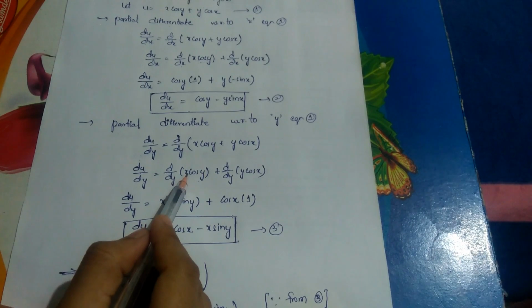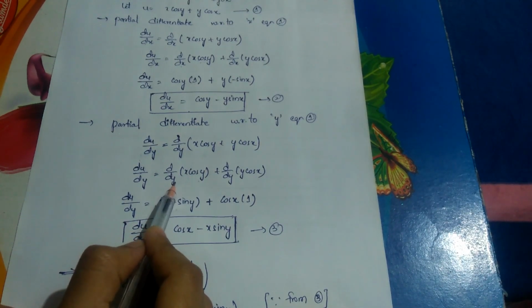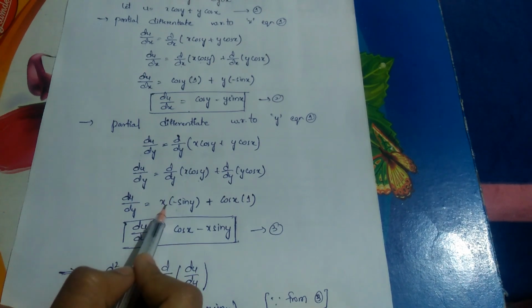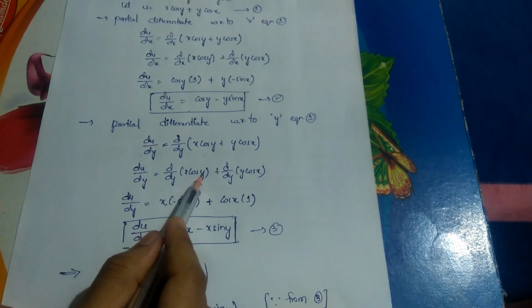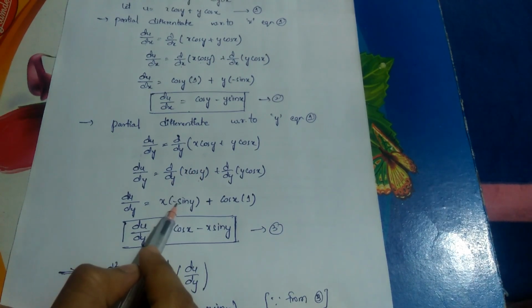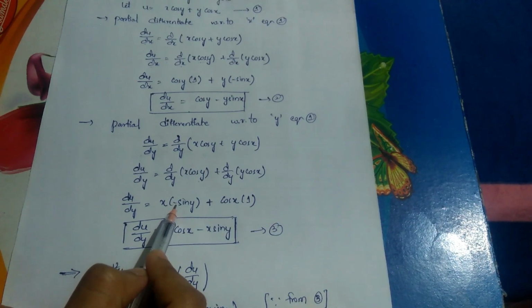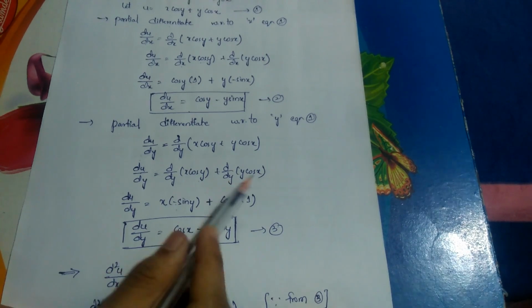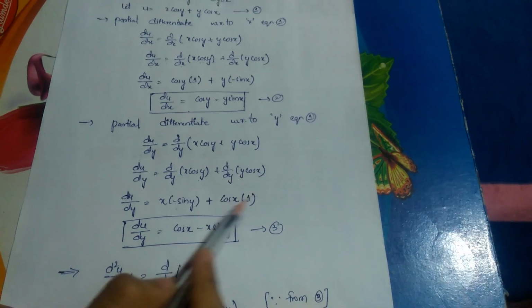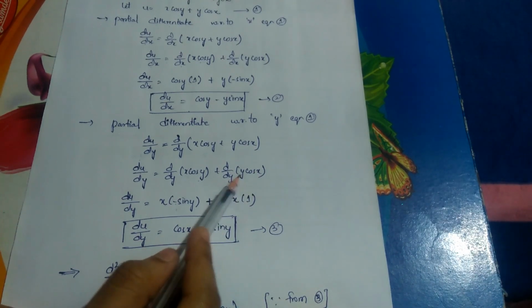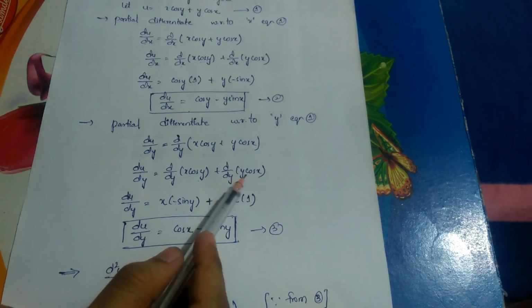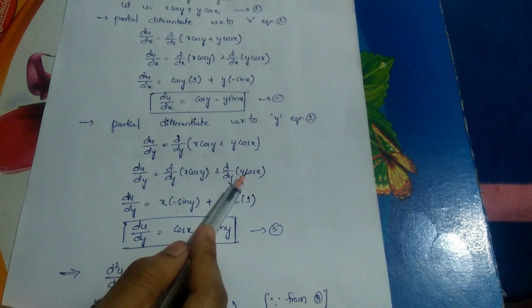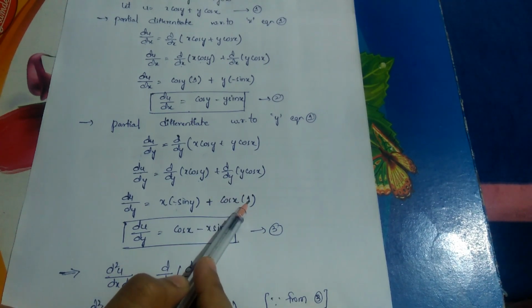That we got as x cos y is differentiated with respect to y. Then x is treated as constant, so x stays as it is, and cos y differentiated with respect to y gives minus sin y. Plus y cos x is differentiated with respect to y. Write cos x as it is, because we are differentiating with respect to y, and the differentiation of y with respect to y is 1.